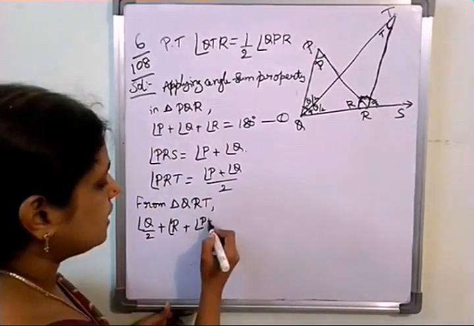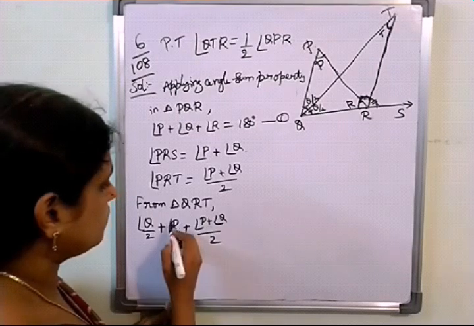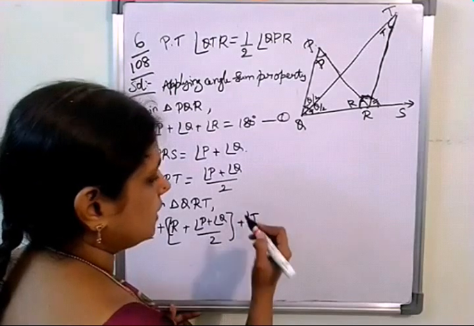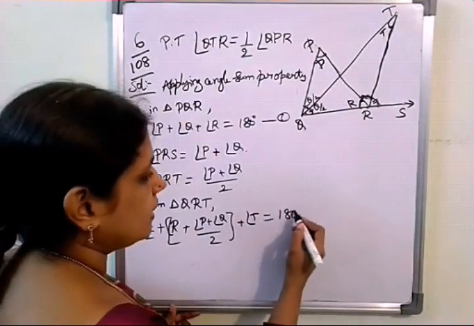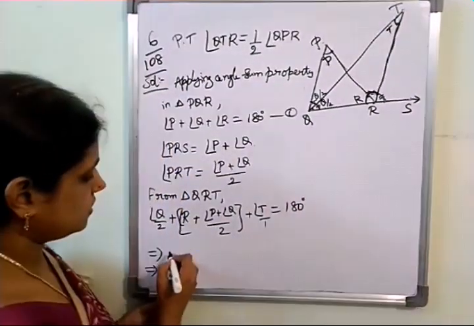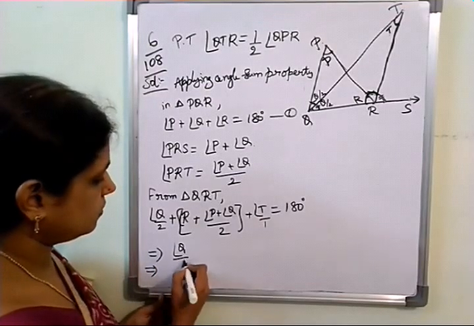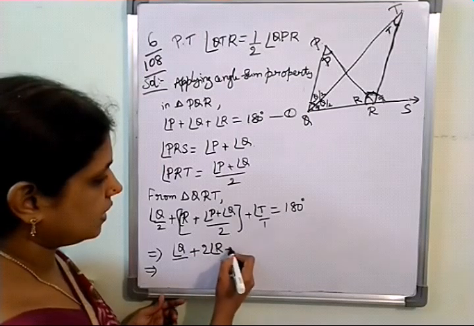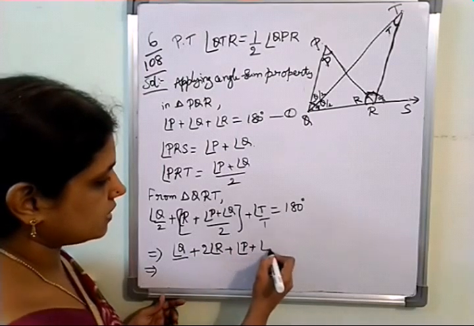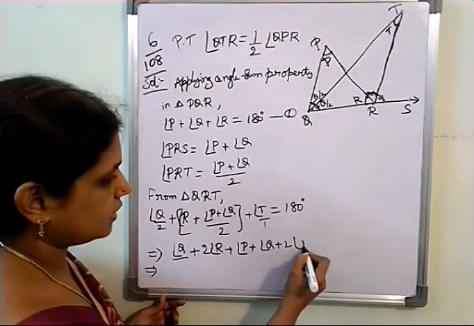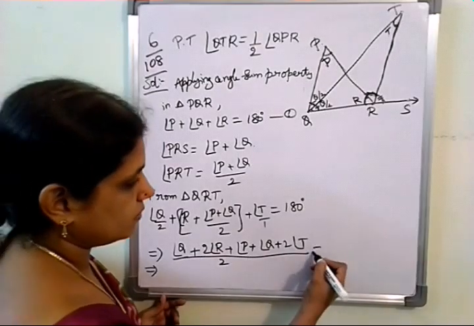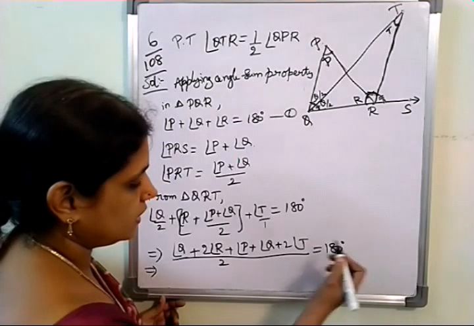Angle P plus angle Q by 2, and the next angle T is also there, equal to 180 degrees. So here, taking LCM for everything, angle Q plus 2 angle R plus angle P plus angle Q plus 2 angle T, the whole by 2, equal to 180 degrees.